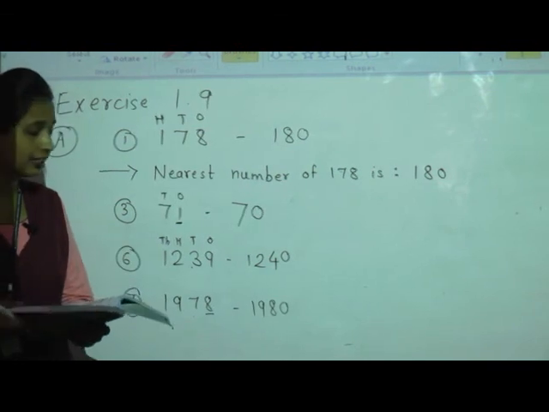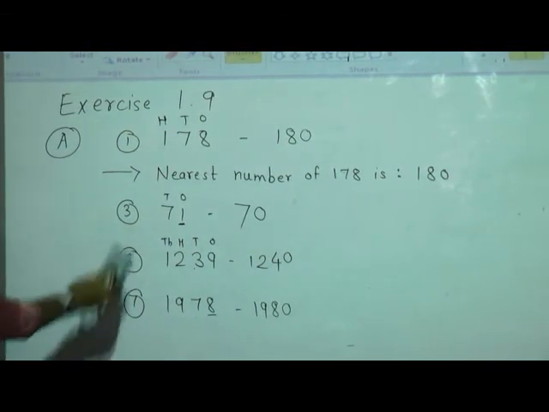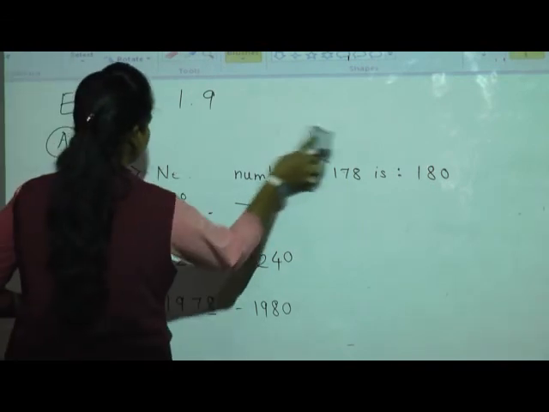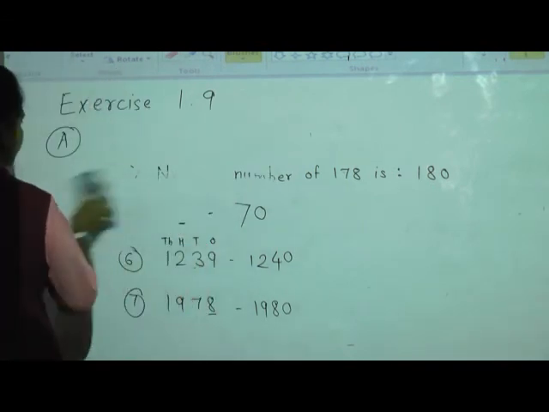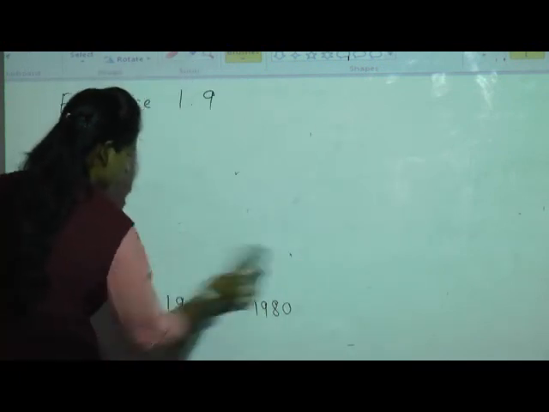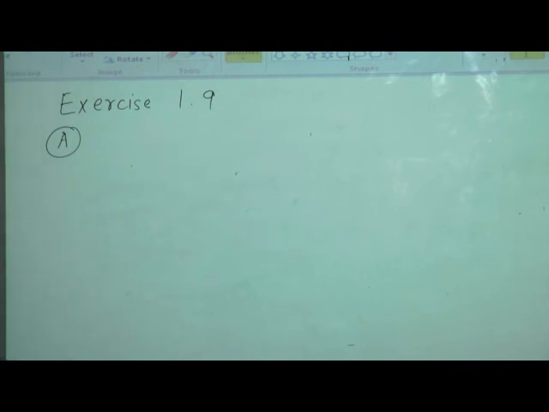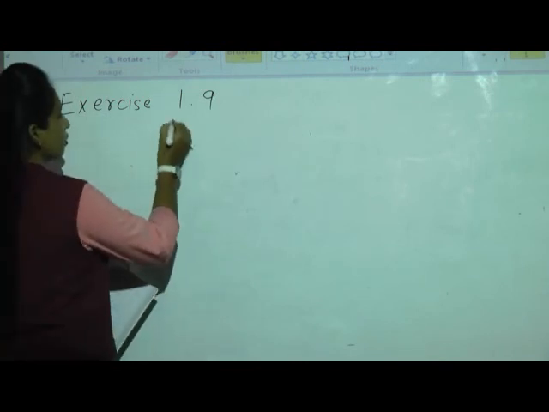Understood? Clear till here? Shall we move to the next question? Now we will solve our B question. See on page number 17. B question is there. What is the B question?